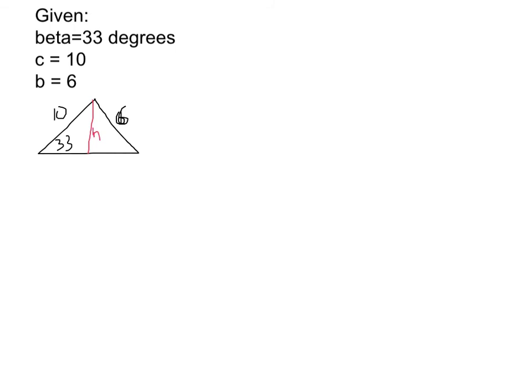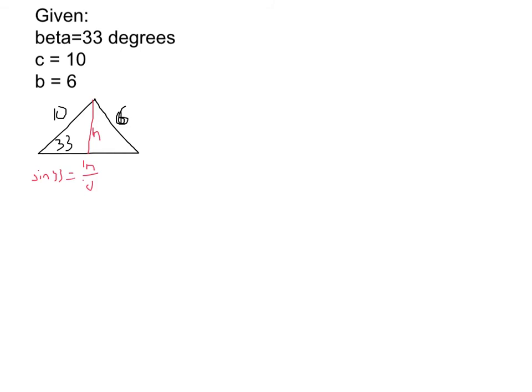So my height would be sine of 33 is equal to h over 10. Multiply that out.